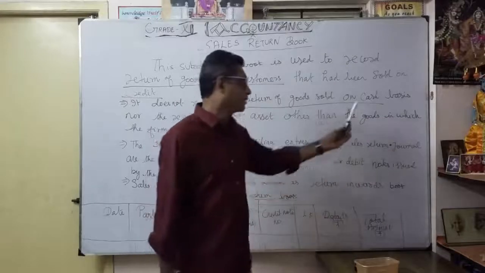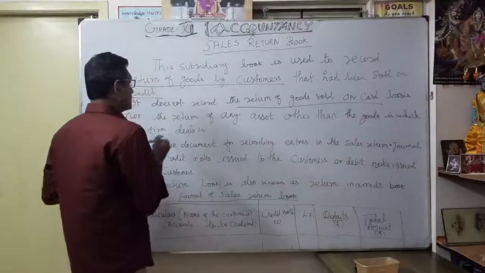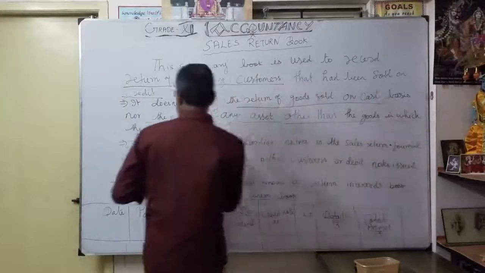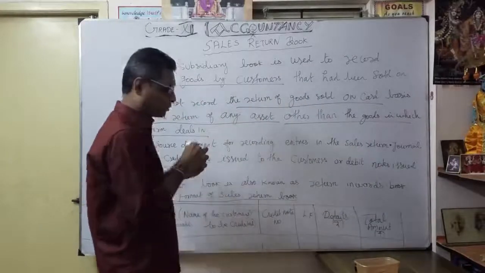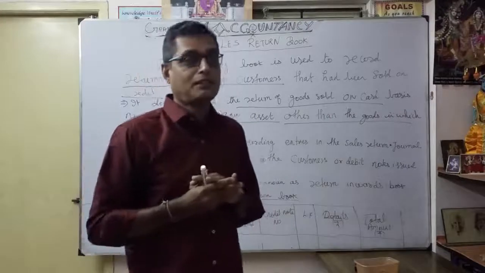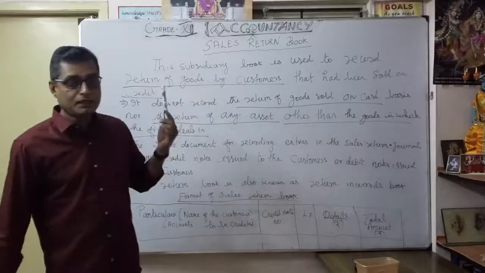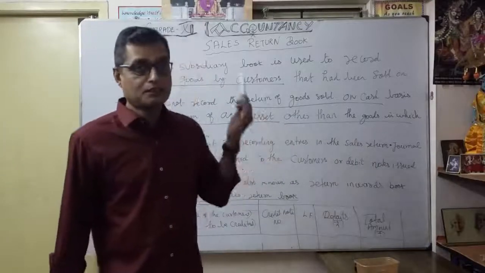It also does not record the return of any assets other than goods in which the firm deals in. Earlier we discussed that if you return any assets, you do not record them in the purchase return book.